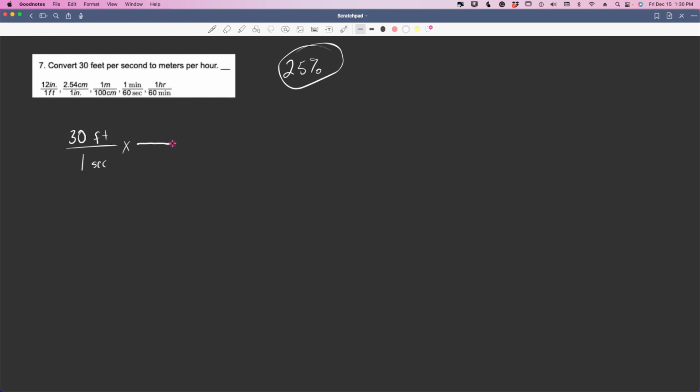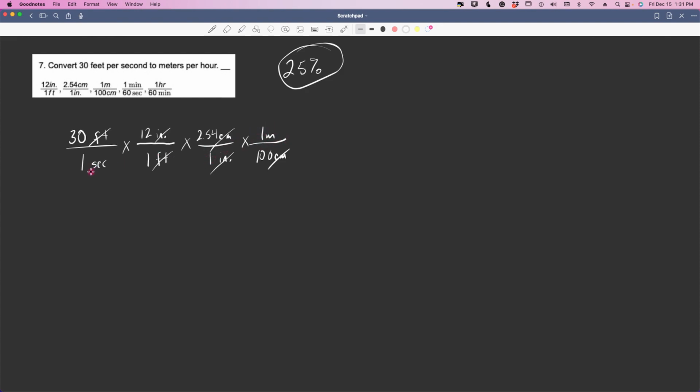So we're going to go from feet to inches. 12 inches is 1 foot. And then 2.54 centimeters is 1 inch. And then 1 meter is 100 centimeters. All right, now we are in meters.